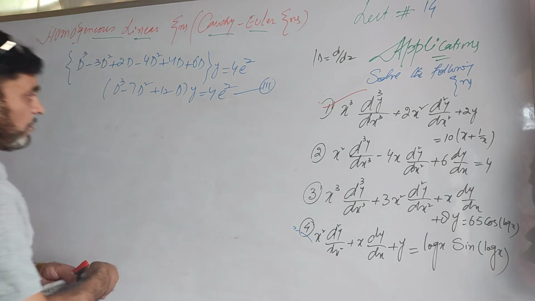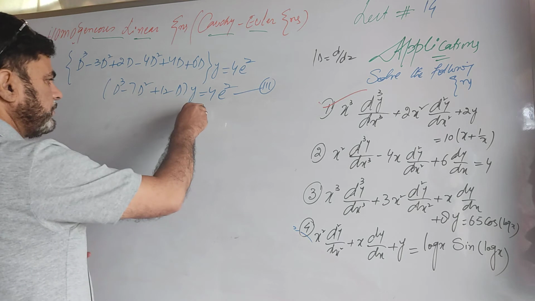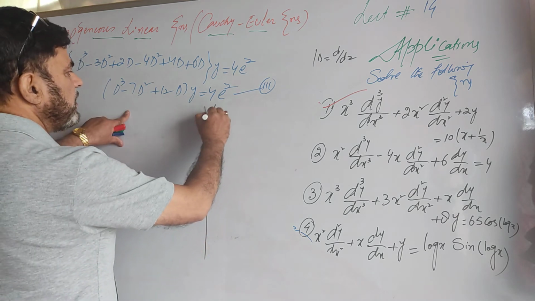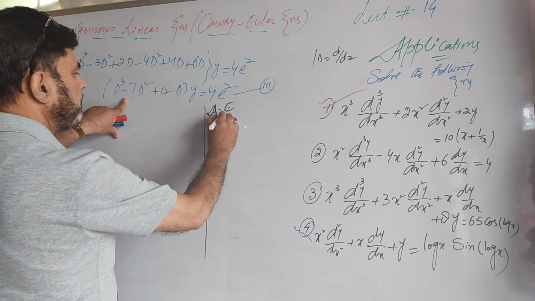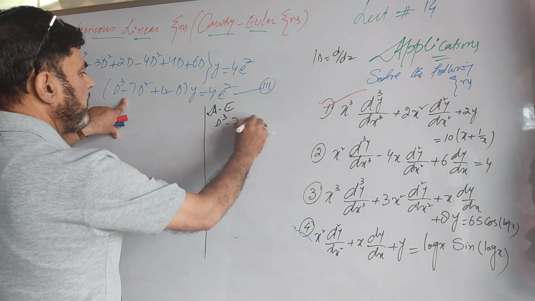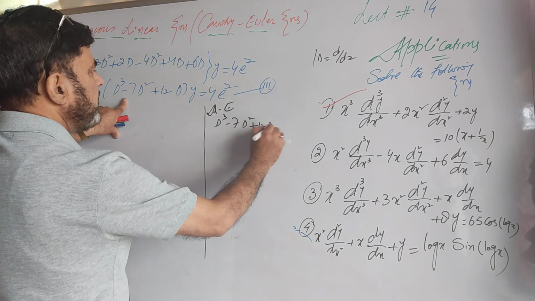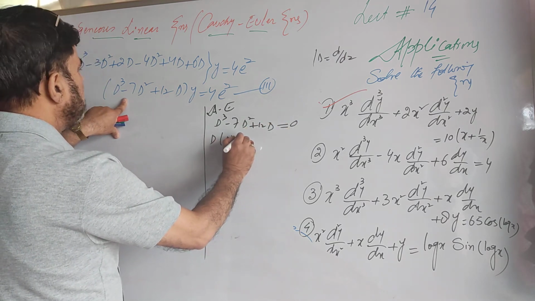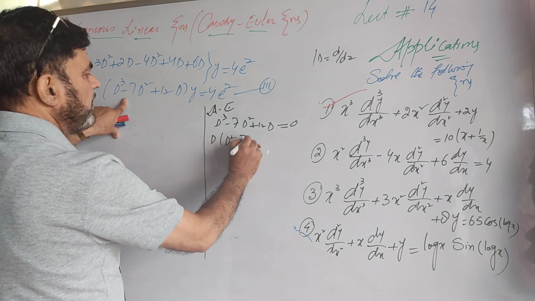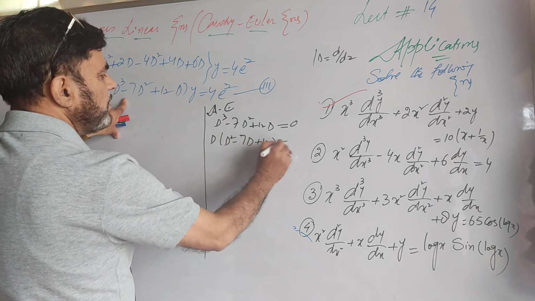Let us write here the auxiliary equation. It is D cube minus 7D square plus 12D is equal to 0. You can take D common: D square minus 7D plus 12 is equal to 0.